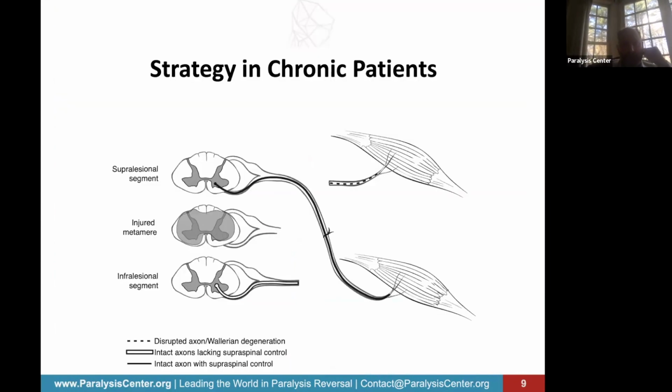So here's the strategy for nerve transfers in folks that are chronic. If you've had the injury more than a year and a half or 2 years ago, we just need to make sure that the muscle below stimulates, and we connect a nerve from above the injury that you have control of to a nerve below the injury that you don't have control of. And then these wires have to grow down here, and nerve regeneration takes place at 1 millimeter a day. That's why from the time we hook it up, I say it's like planting a garden.